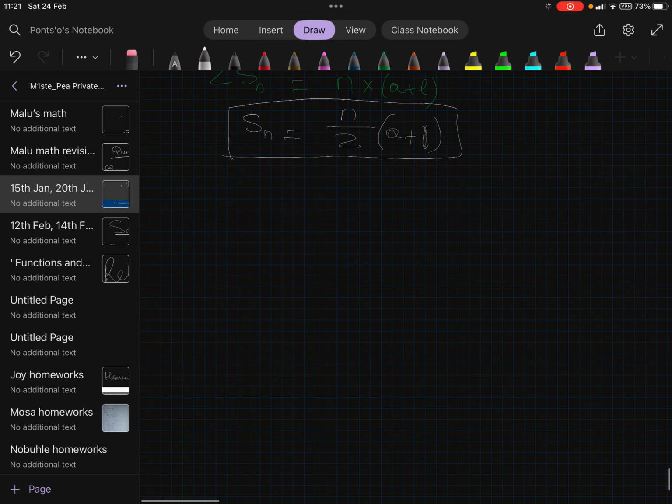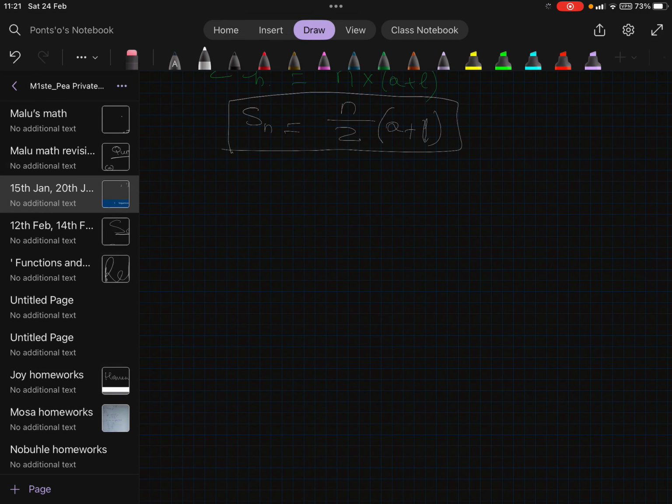Another thing we can also do from our general term for Tn, right, which equals the first term plus n minus 1 times the common difference.